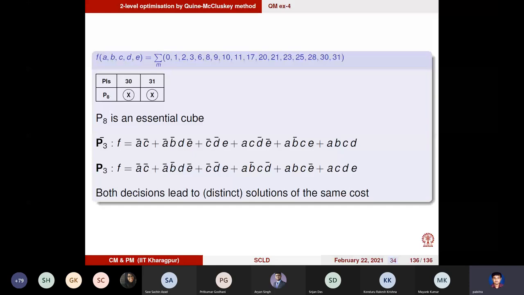Okay, so this is typically used in a search algorithm called the branch and bound algorithm. Those who have done the algorithm course might already know about it. So you construct a tree, not a balanced tree, an unbalanced tree, where the leaves represent all possible subsets of the remaining prime implicants.